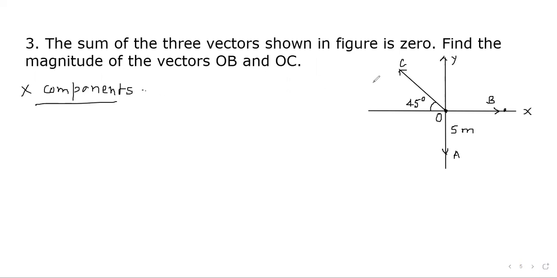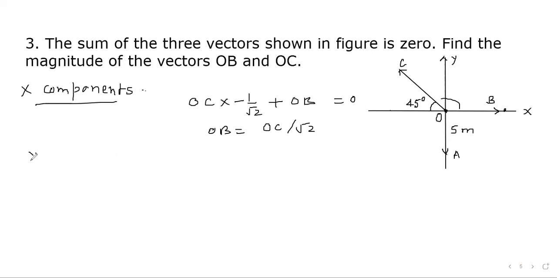The x components of all vectors will be equal to OC times cos 135 degree, so negative 1 by root 2, plus OB. OB is along the x-axis. This must be 0. From here we get OB equal to OC divided by root 2.